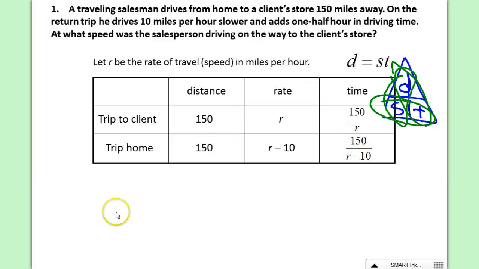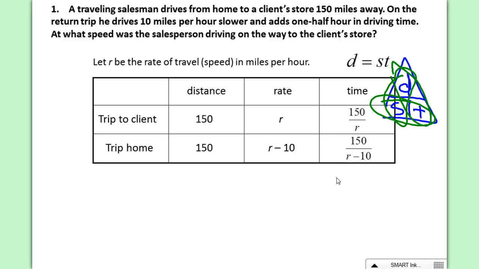So this is consolidating information and putting it together, and now what do we do with it? Well, we need to find an equation, and we have that in this sentence right here. On his way home, he drives this much slower and adds 1/2 an hour to his driving time. So these two times are not equal. They're not.